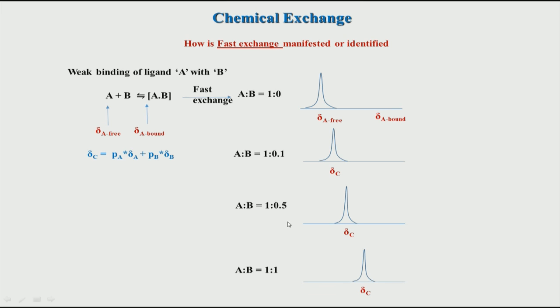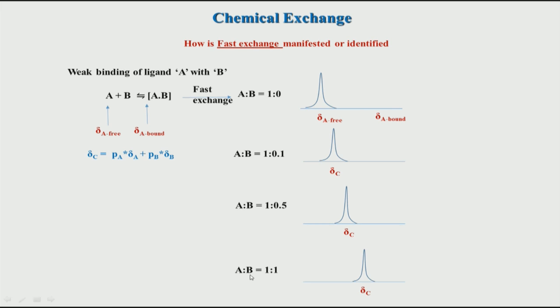So, suppose I add some more amount of B, I make it almost 1:1, but because this is not a strong complex, there will be a lot of free A, but more of AB will be there because the population of B is very high. So, the bound one is almost equal to the free one. So, the chemical shift is more or less close to the center or a little bit towards the bound form.